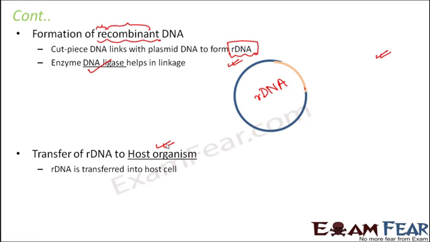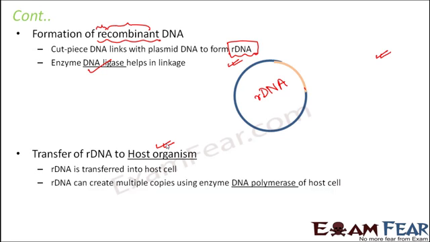Now the rDNA is transferred into the host cell. What do we expect to happen once this DNA enters inside the host cell? You want this rDNA to replicate. What is the meaning of replication? That is, to create multiple copies of itself. Because when it is able to create multiple copies of itself, only then will it be able to participate in the process of reproduction.